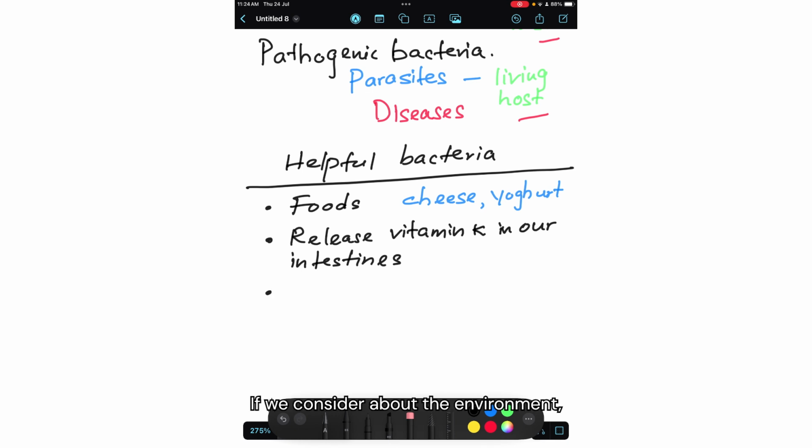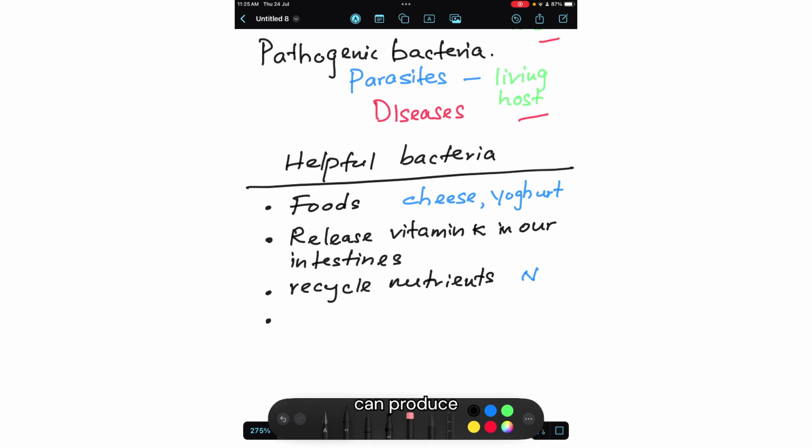If we consider the environment, some bacteria are helpful to recycle nutrients, for example in the nitrogen cycle. So there's a lot of help from bacteria. What are the other things that helpful bacteria can do?